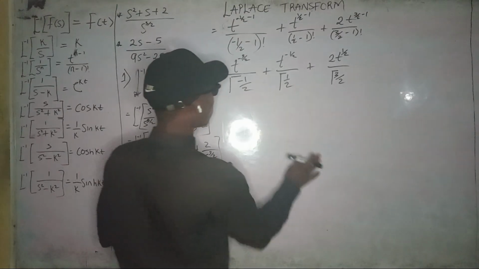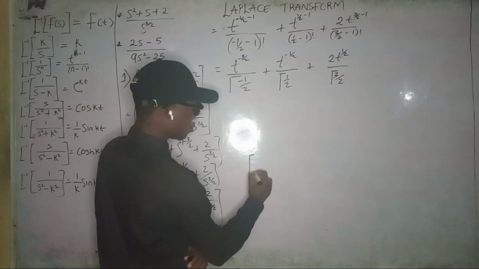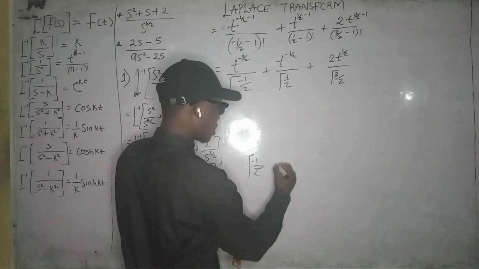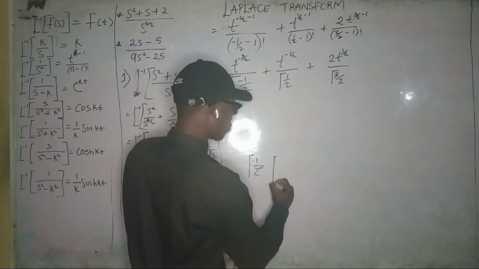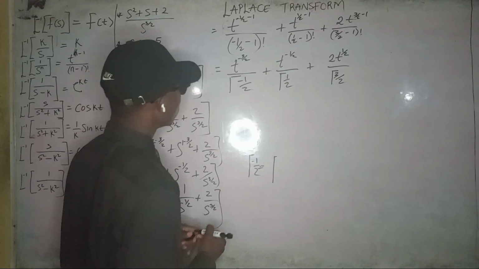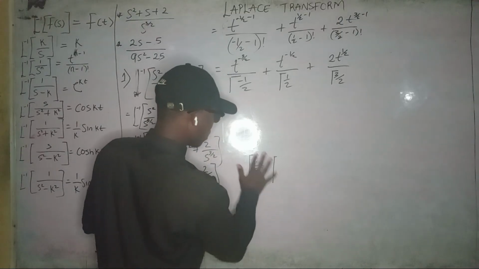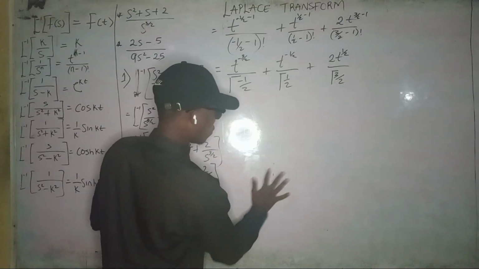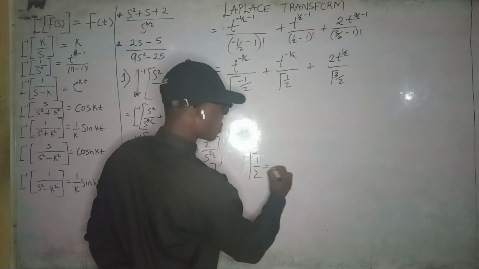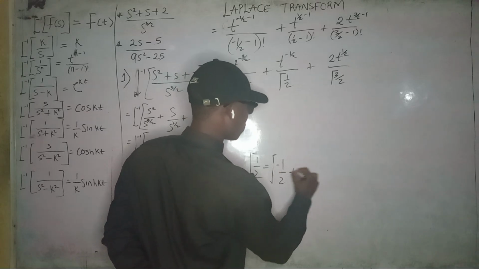So for minus 1 over 2, we know that the gamma function of minus 1 over 2 can be expressed in such a way that the gamma function of 1 over 2 is equal to the gamma function of minus 1 over 2 plus 1.